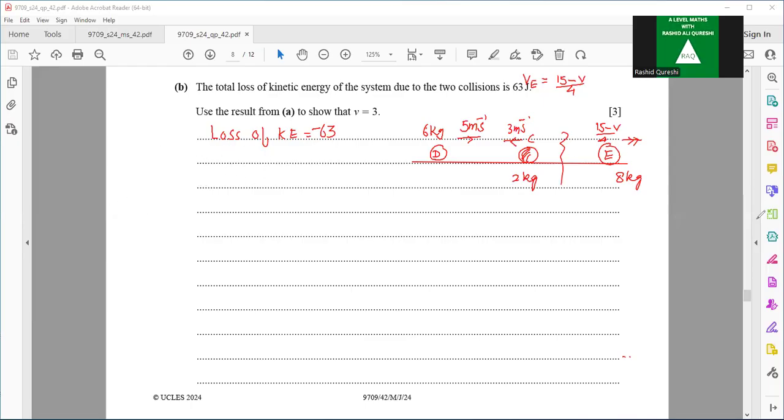The first thing is we have to find the total energy before the collision.